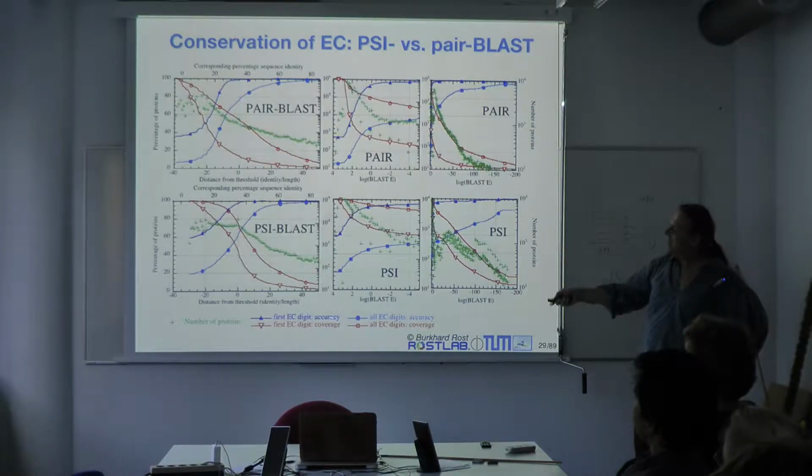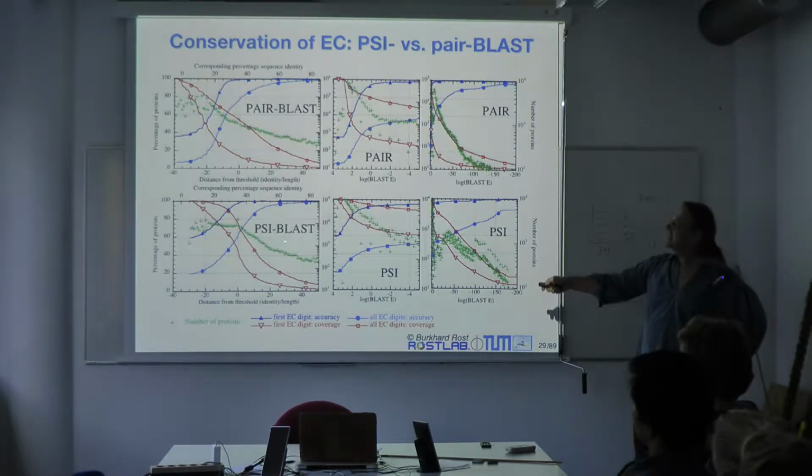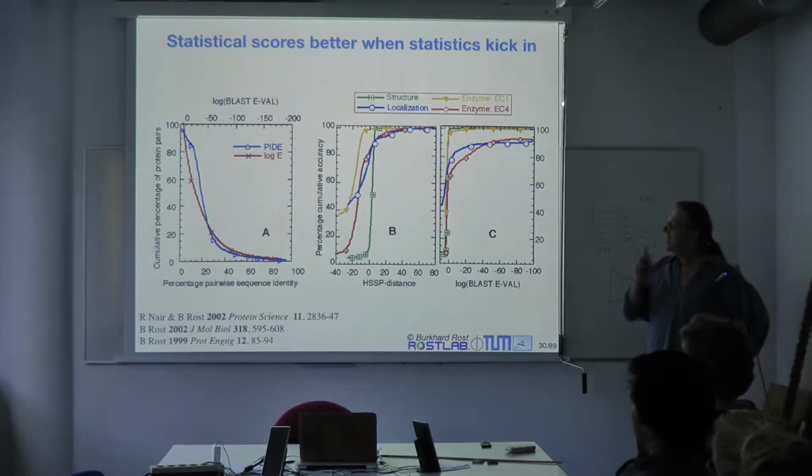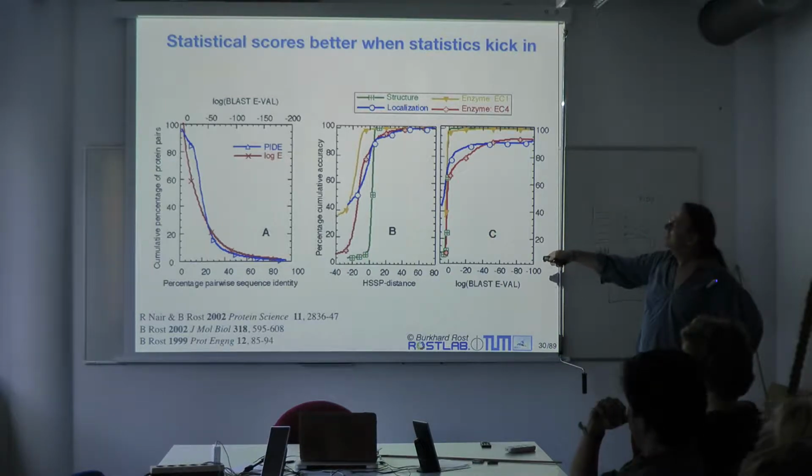This is pairwise blast, this is PSI-BLAST, this is the E value, this is the distance from the expectation value, and you see that PSI-BLAST does better than pairwise blast and that this one does very well. Essentially, that's it. Let's get back to the point that I asked you before. And here is the H value distance, here is the blast E value.